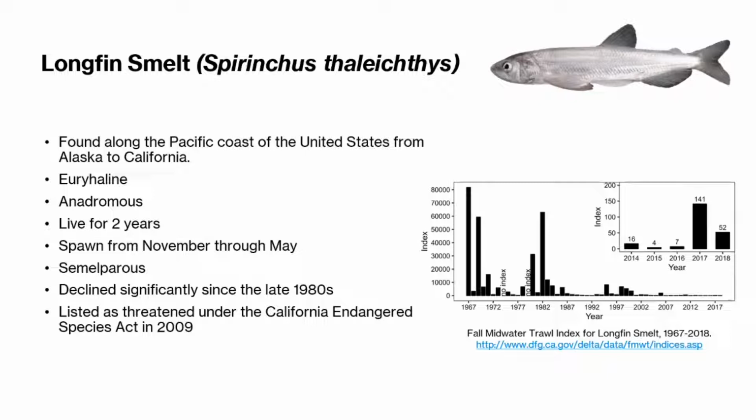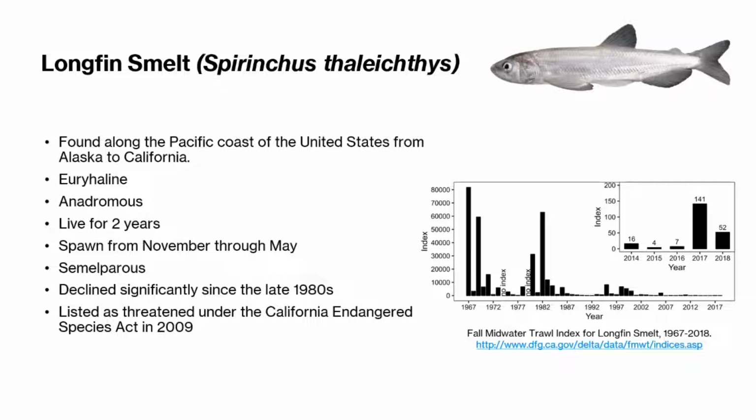The longfin uses a variety of habitat from nearshore water to estuaries and lower portions of freshwater streams. The longfin smelt are euryhaline, meaning that they can tolerate a wide range of salinity from completely fresh to marine. They are also anadromous, depending on fresh and marine waters for spawning and rearing, and they typically live for 2 years, reaching a length of about 10 centimeters.